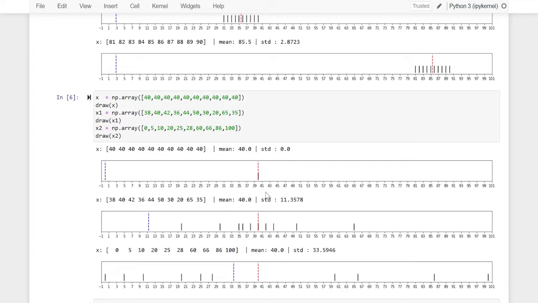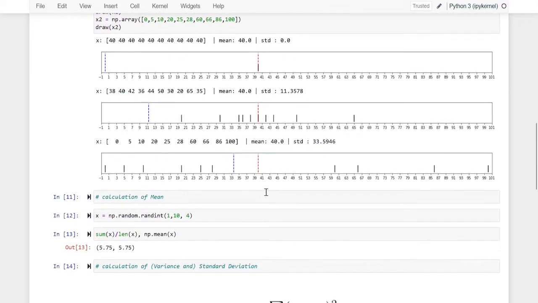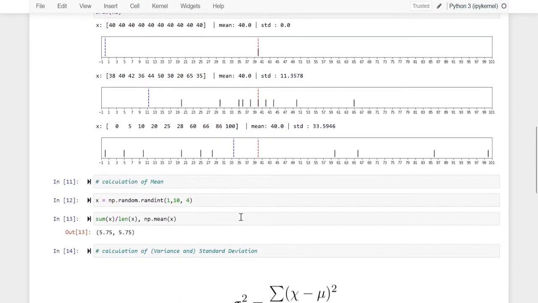We are quite comfortable when it comes to calculating mean or average. But having appreciated the importance of standard deviation, we should get equally conversant with the calculation of standard deviation as well. So, next thing that we will do is we will learn how to calculate standard deviation.